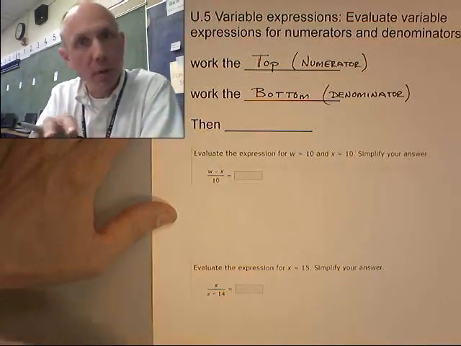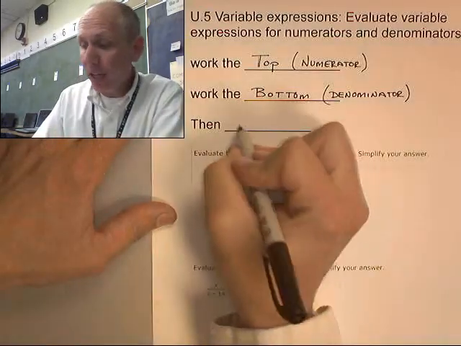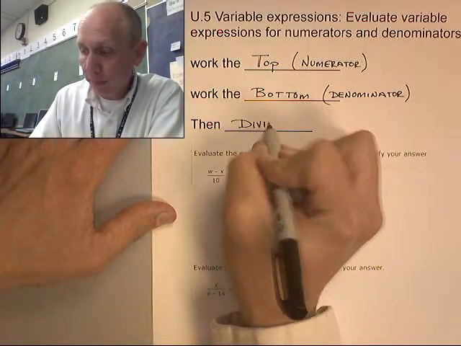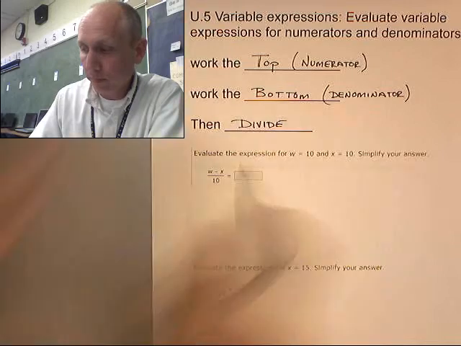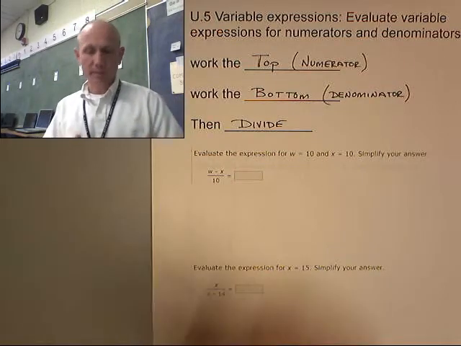So work the top, work the bottom, and then at the very end, you're going to divide what you get. Watch how this works. You're going to like it. Hopefully.